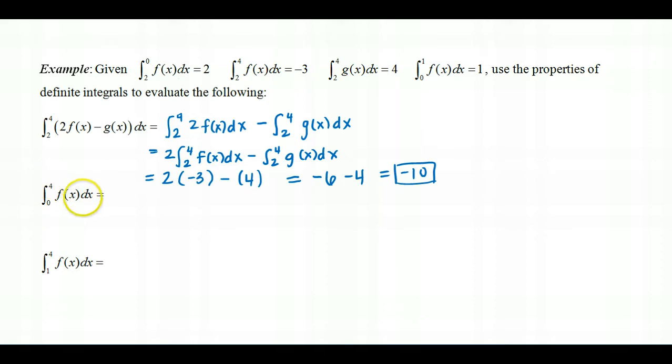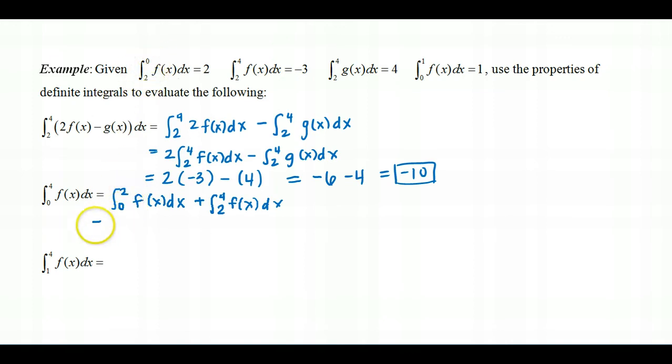The integral from 0 to 4 of f of x dx is the same as the integral from 0 to 2 of f of x dx plus the integral from 2 to 4 of f of x dx. The integral from 2 to 4 of f of x dx, great, I've got it. It's -3. But we don't have the integral from 0 to 2. We have the integral from 2 to 0.